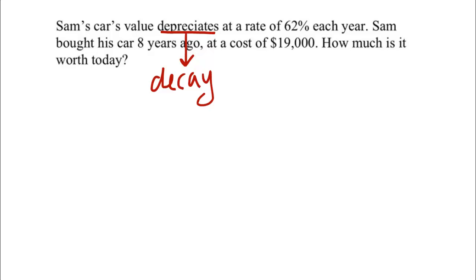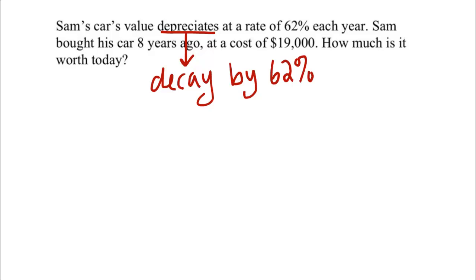And since we're decaying by 62%, that would mean that to find our decay factor, I would have to subtract 62 from 100. I want to know what percent do we have left.